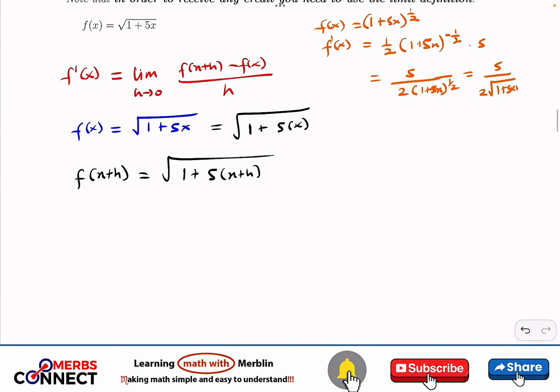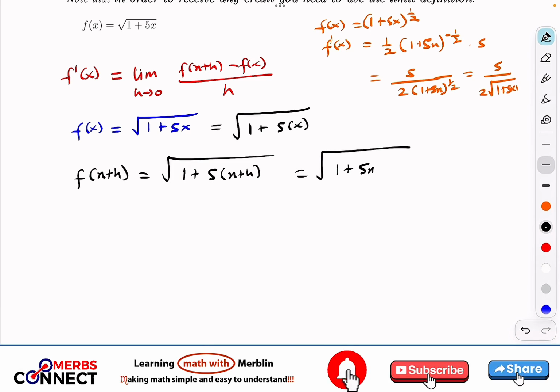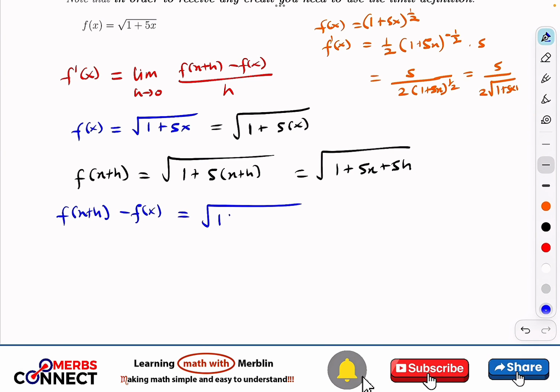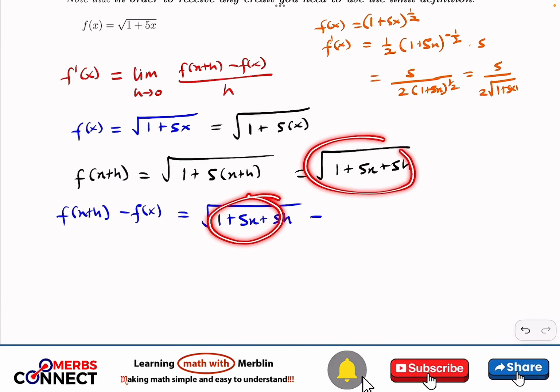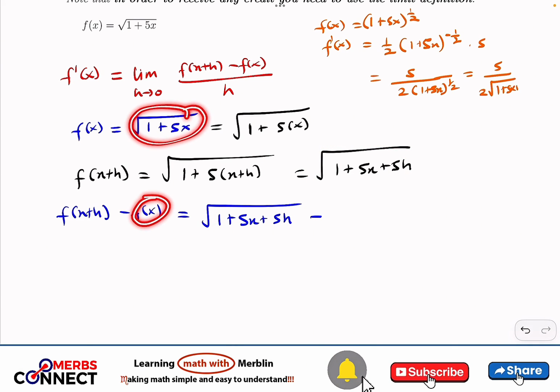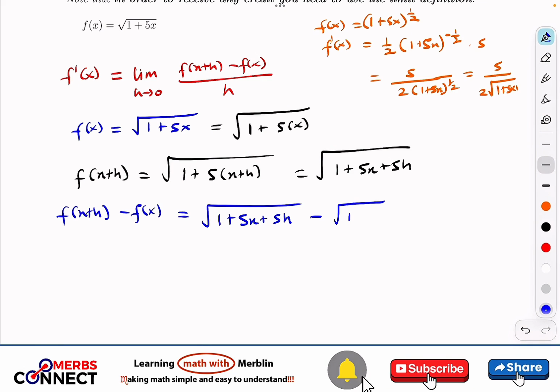Now that I have my f of x plus h, now I can try to simplify, right? So let me say that this is the same as square root of 1 plus 5x plus 5h. Now I can decide to look for f of x plus h minus f of x, which is just going to be square root of 1 plus 5x plus 5h minus, so this is f of x plus h, and then f of x is this, square root of 1 plus 5x.